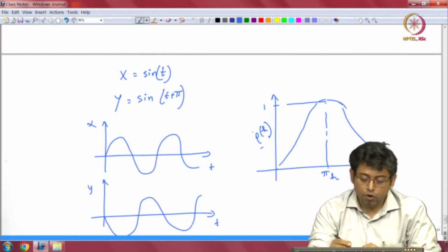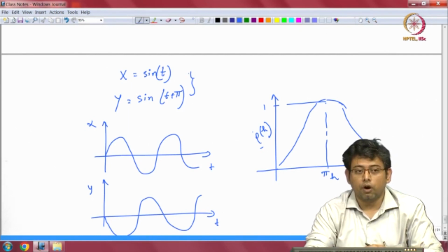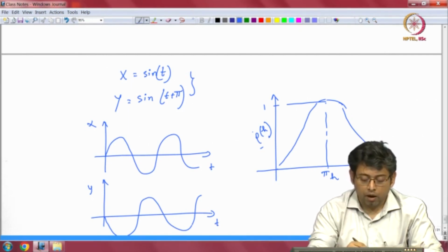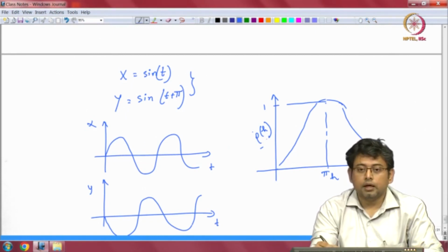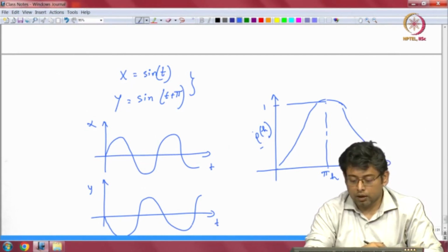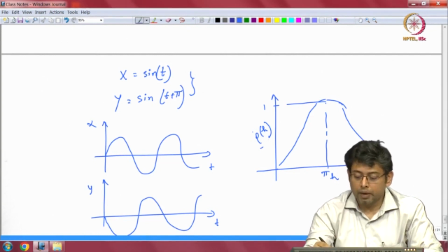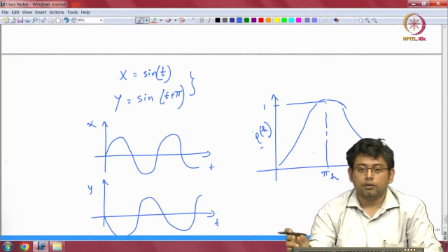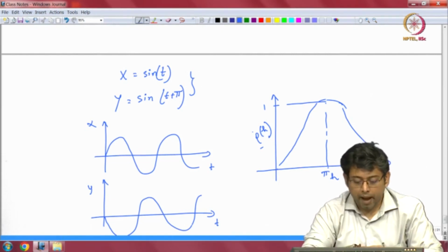So if these two functions were not given to you a priori, or you are just given a set of discrete data, you could calculate the autocorrelation function, or the cross correlation function here, and you would be able to tell by what value you should displace one of the functions in order to get a good match.